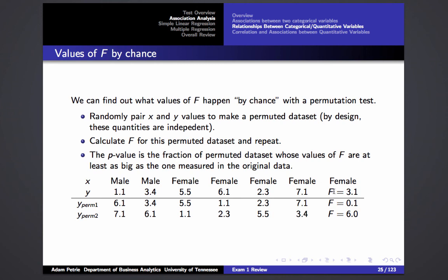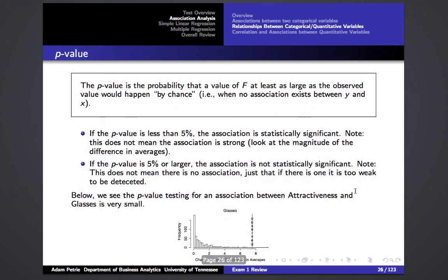I can calculate the p-value of my value of F from the data that I collected by looking at the fraction of permuted data sets whose values of F are at least as big as what I measured. So that p-value is the fraction of the permuted F values that are 3.1 or bigger.